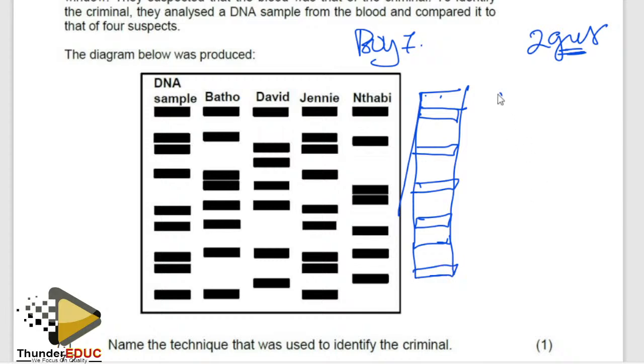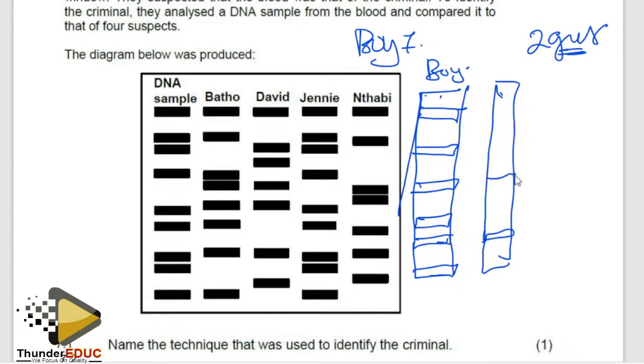Okay, this is the boy. And then you have the profile of the mother.